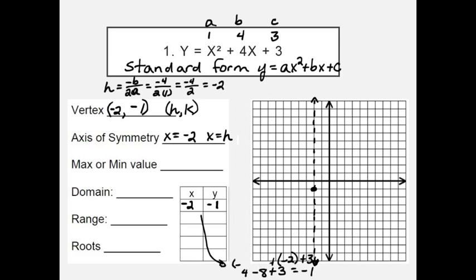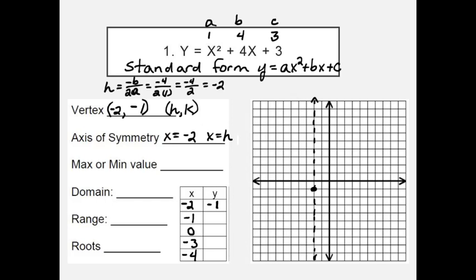So we pick x's and we decide what we're going to use. Well, what you want to decide to use are easy ones. Go to the left and to the right of the vertex. So I could go -1 and 0. Those are the 2 points to the right of the vertex. And I could go -3 and -4.